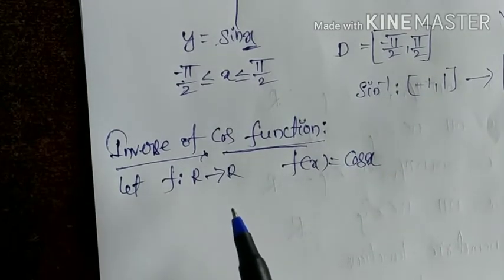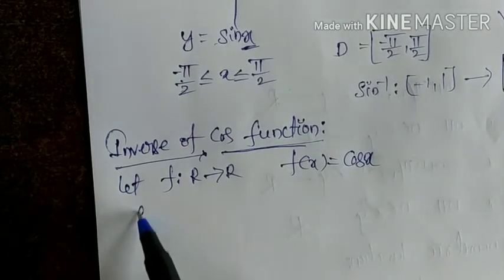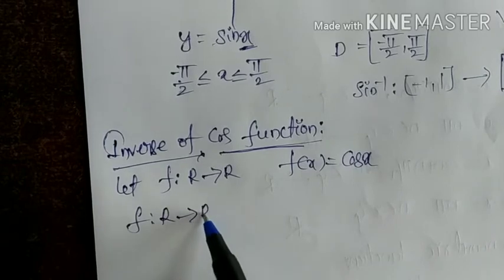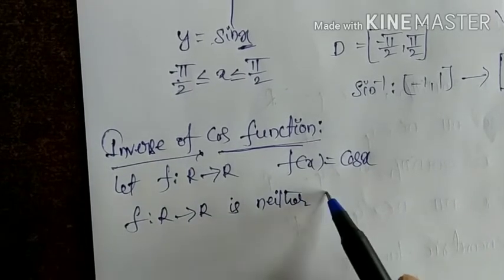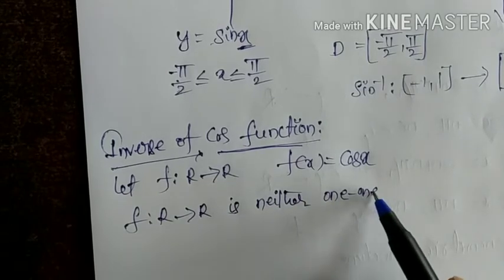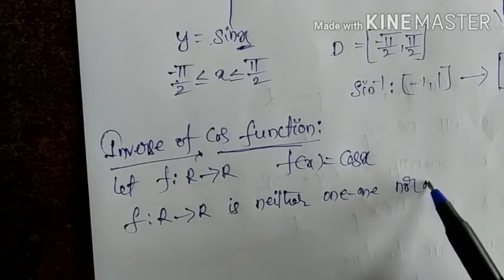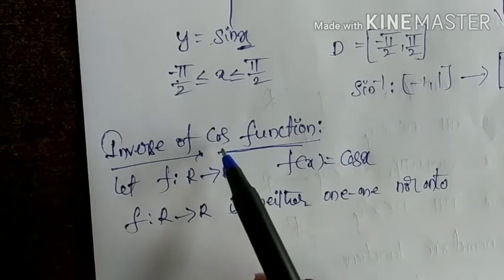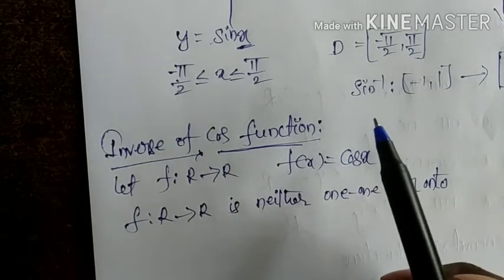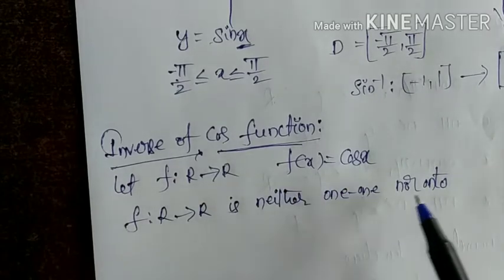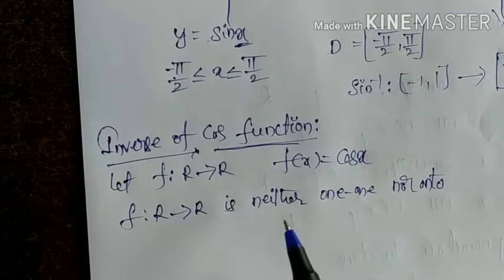Then the function f from R to R is neither one-one nor onto, because for certain intervals the values are repeated. So that's why this is neither a one-one function nor an onto function. Then it is not a bijective function.